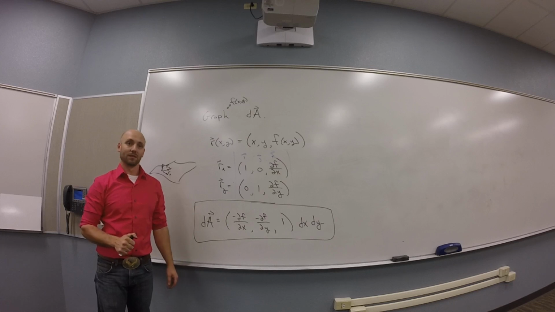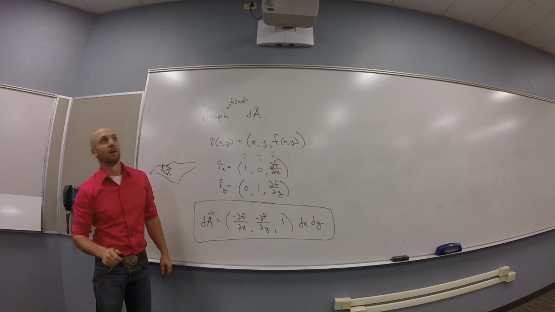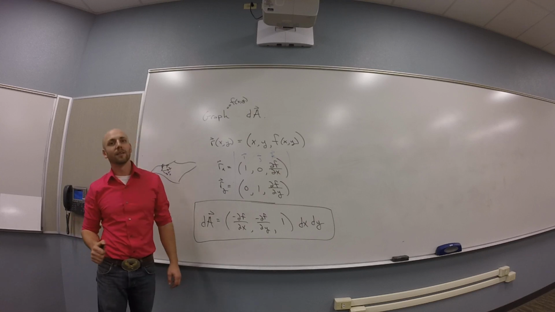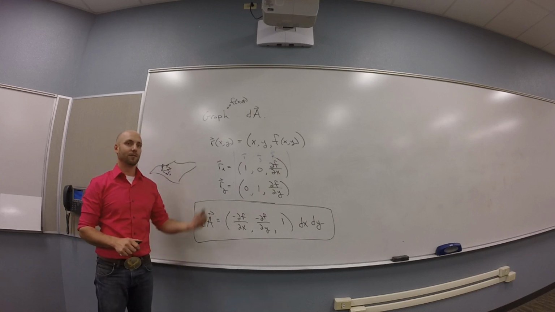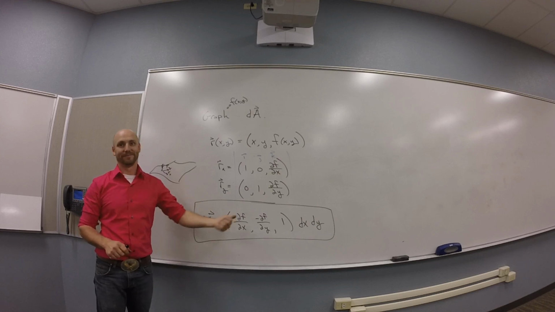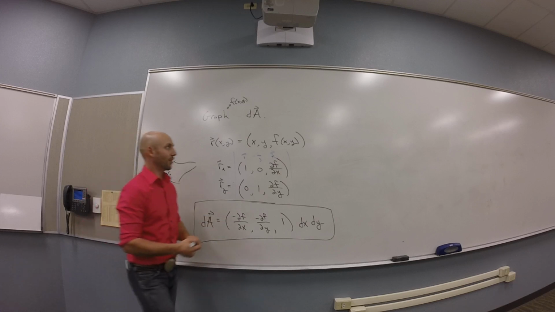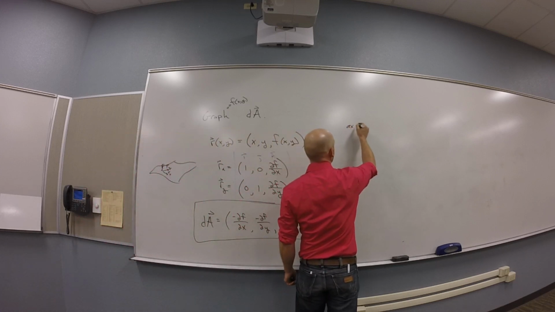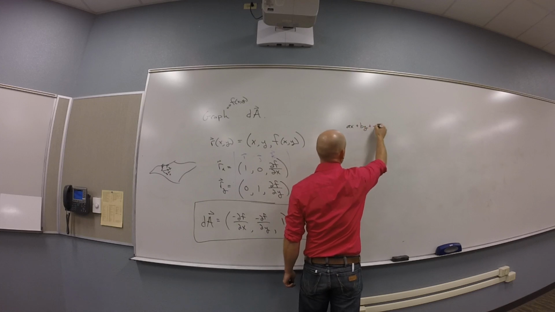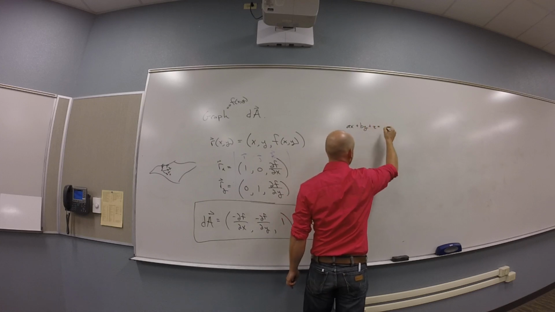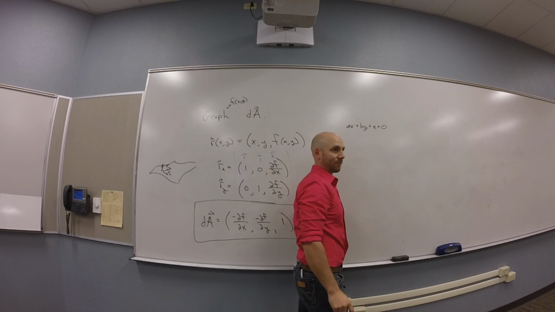Is this in any way related to what we did when we just looked at a graph and pulled off a normal vector visually a while ago, like on the first test or something like that? Yeah, so on the first test, we were pulling normal vectors off of planes, right? This is what you'll get if you have ax plus by plus z equals 0.